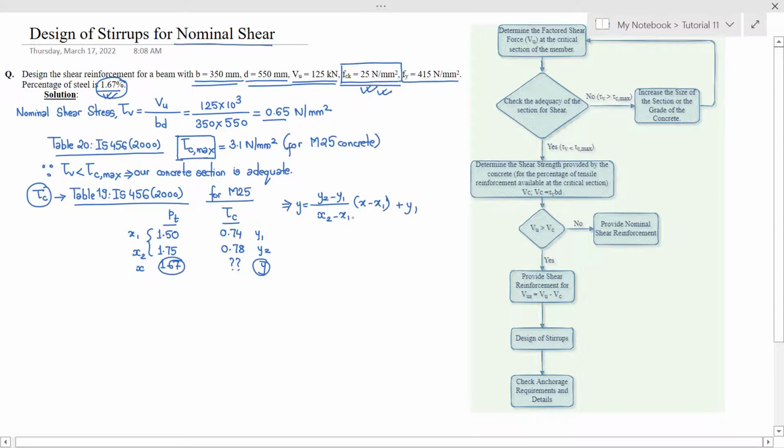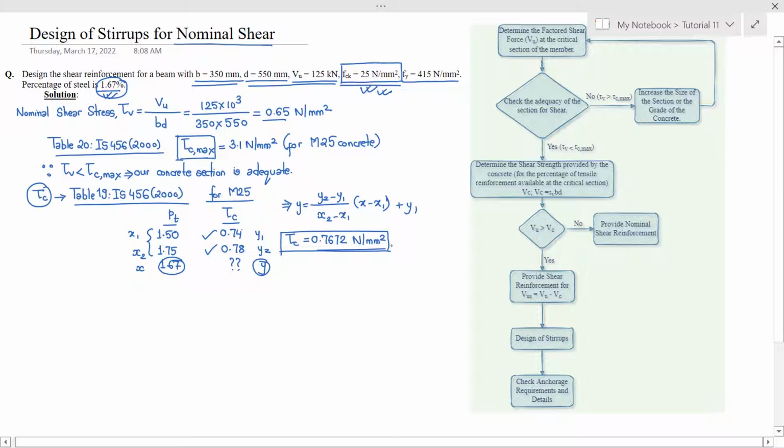So substitute all these values and then you will get the value of y as 0.7672 Newton per mm square, which obviously should lie between these two values 0.74 and 0.78, and as we can see, this obviously lies between these two values. So this we get the value of tau c, that is the design shear strength that is provided by the concrete.